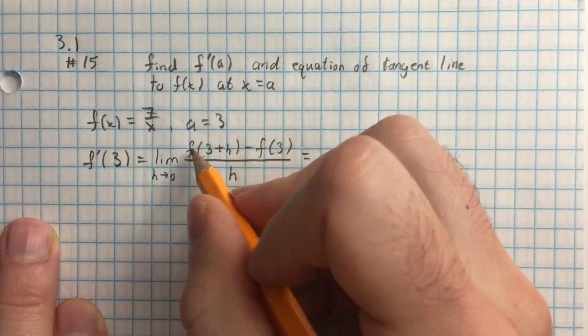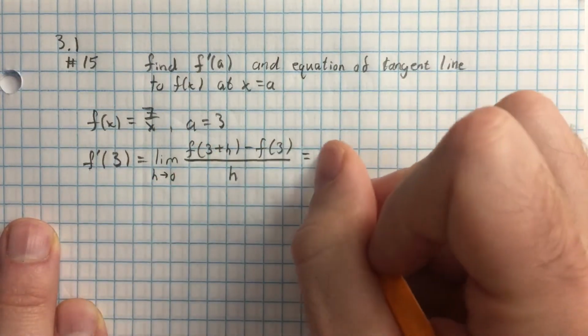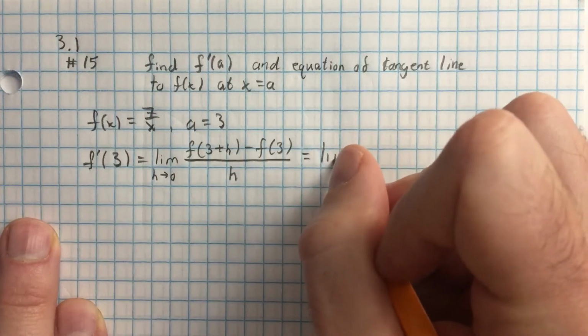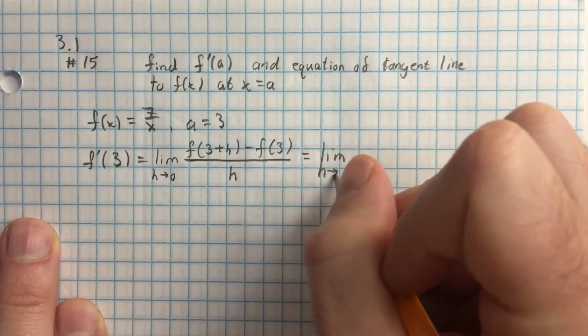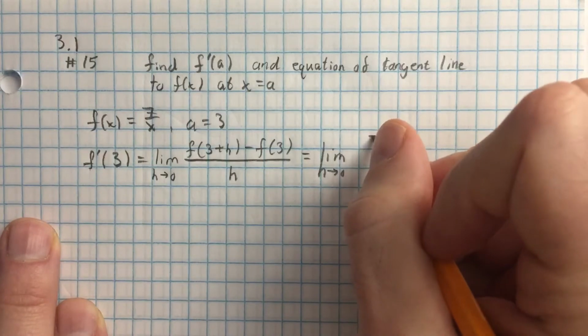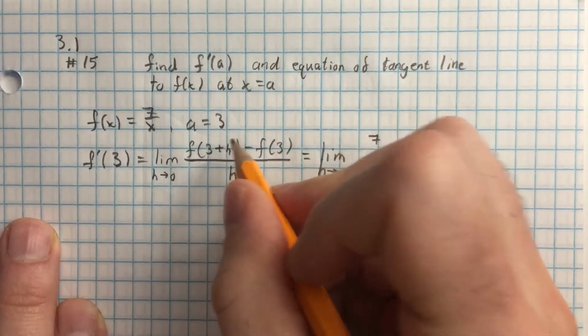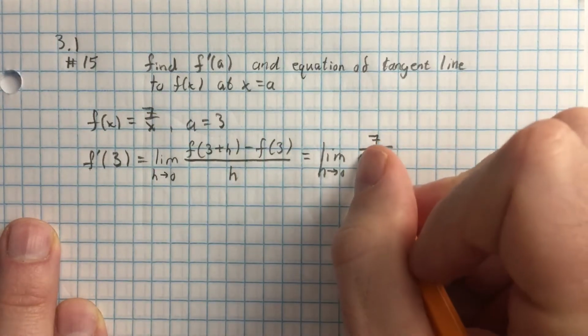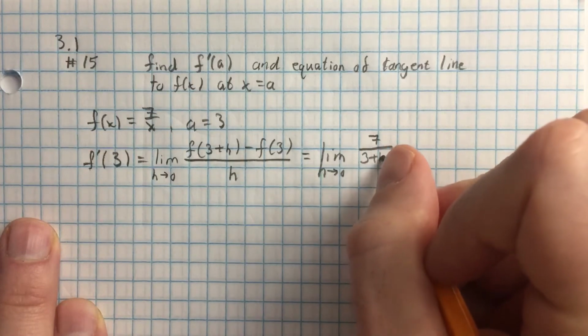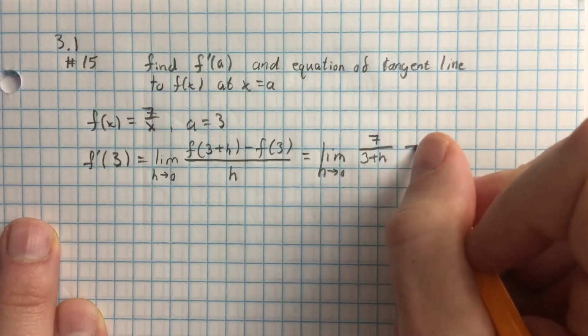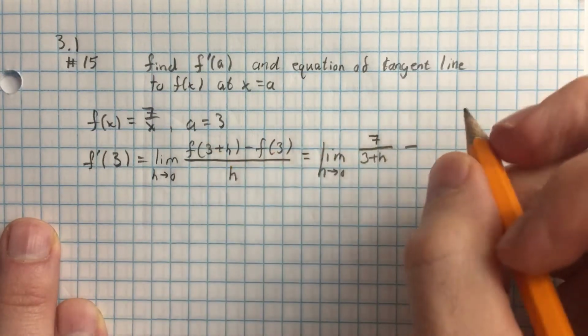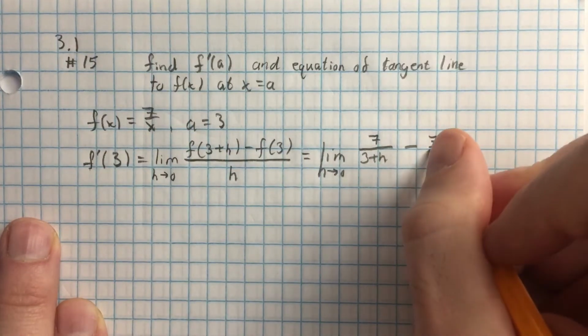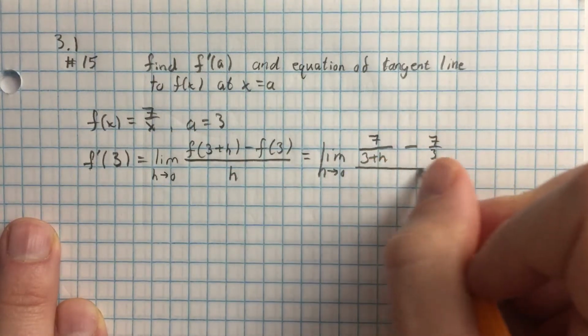Now, our particular function is 7 on x, so this can be rewritten as the limit as h approaches 0 of 7 on the x value of 3 plus h minus 7 on 3 itself over h.